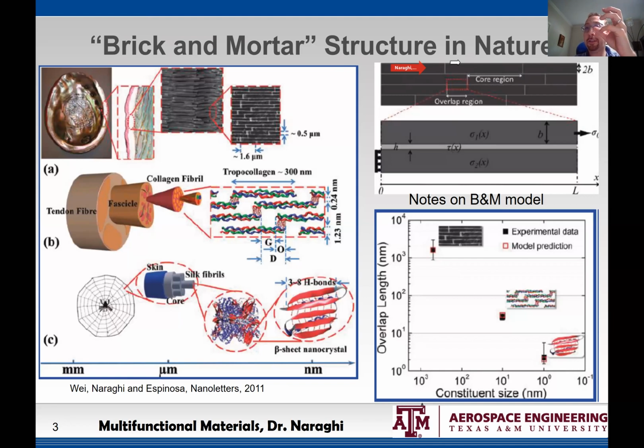The strength and stiffness of the material comes from these bricks, but they have low toughness. On the other hand, the interface, the mortar that's in between them, is something that carries load from one brick to another through shear.